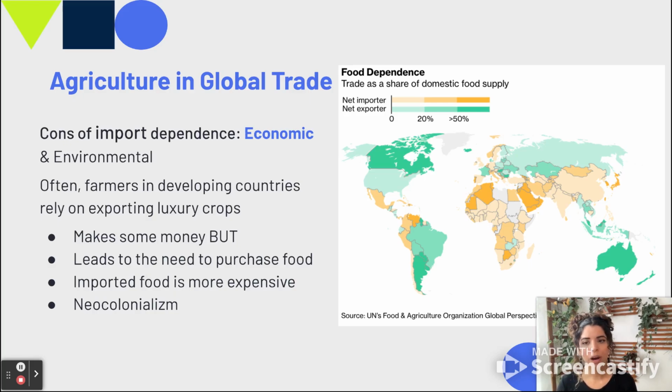And then also in terms of developing countries and their economic reliance on imported food, we do start to see these elements and dynamics of neocolonialism.